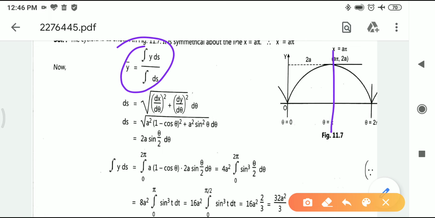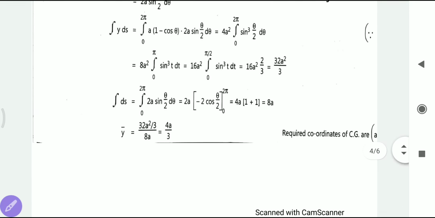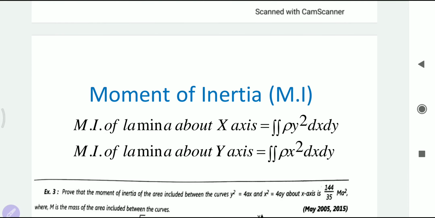So the x coordinate will always be a pi. Only the y coordinate we are supposed to find out. So this is about center of gravity. You can find the center of gravity of area, of arc, and actually this problem is the center of gravity of arc. We can find out center of gravity of solid also.